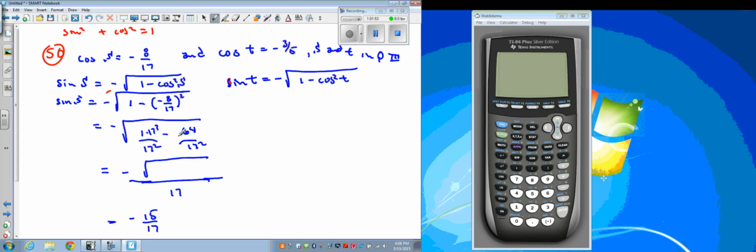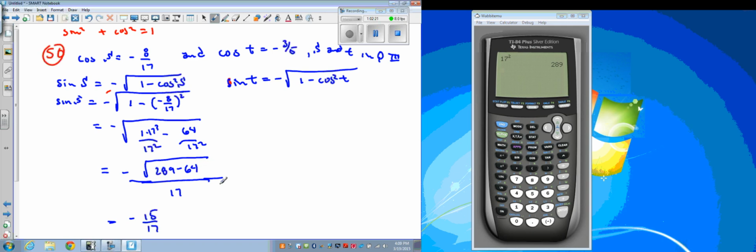But it's 17 squared minus 64. Do you want me to figure it out? I thought maybe you guys had the calculator. 289. It stays under there. This is 17 squared, then it turns back to 17. 289 minus 64.